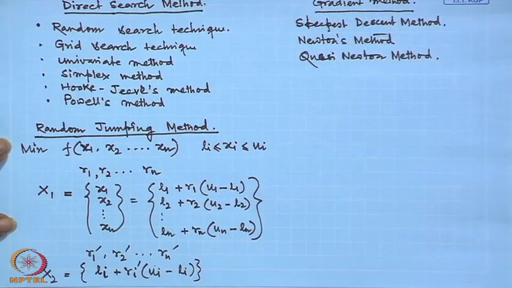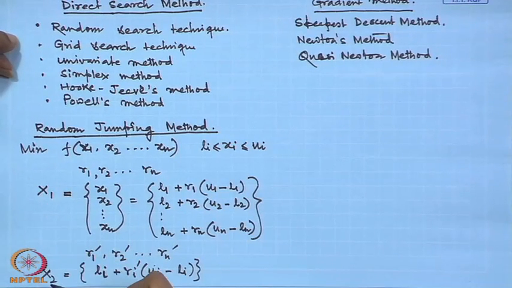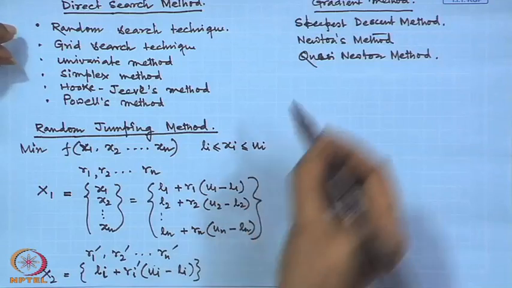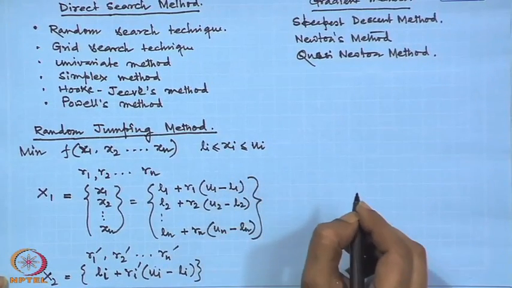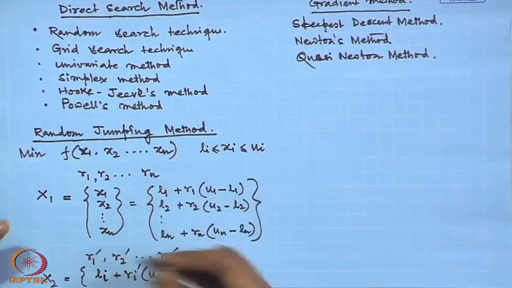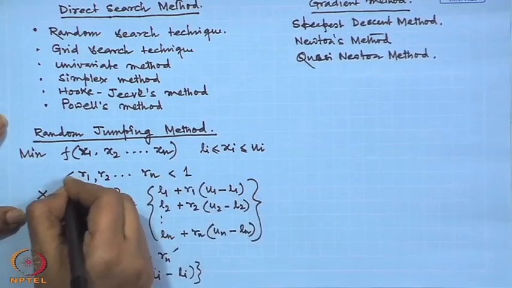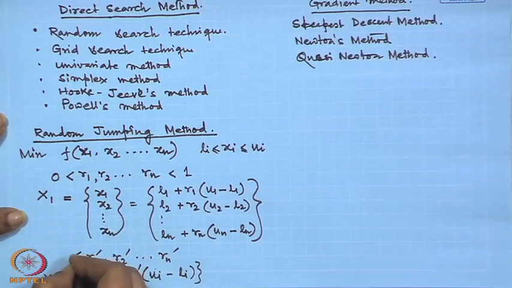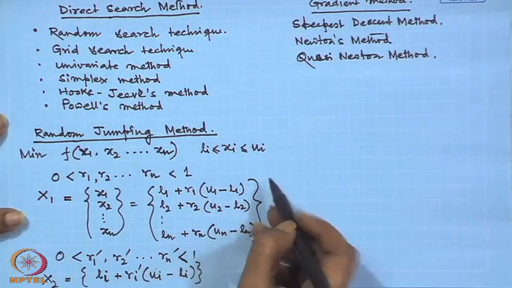We will generate another number from here, that is x2. These are all the points x1 and x2, lying within the domain, because we have to consider random numbers in such a way that all random numbers will be between 0 and 1. Then we will get a set of points within the domain.